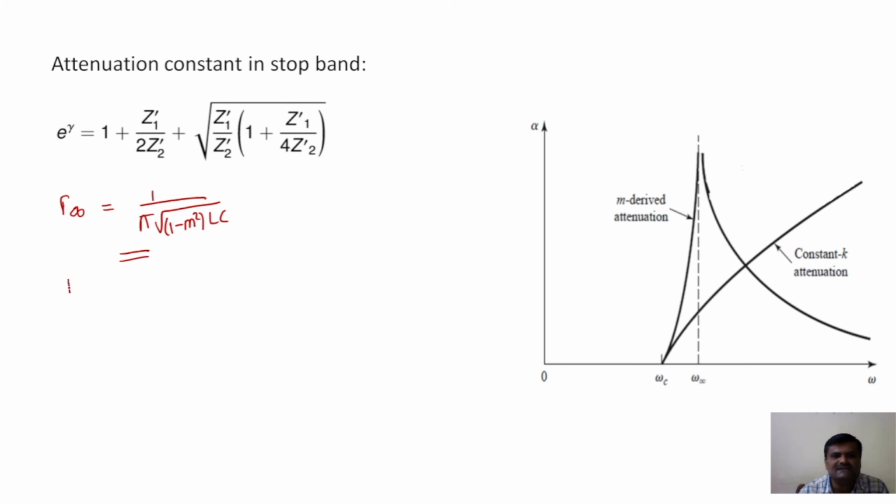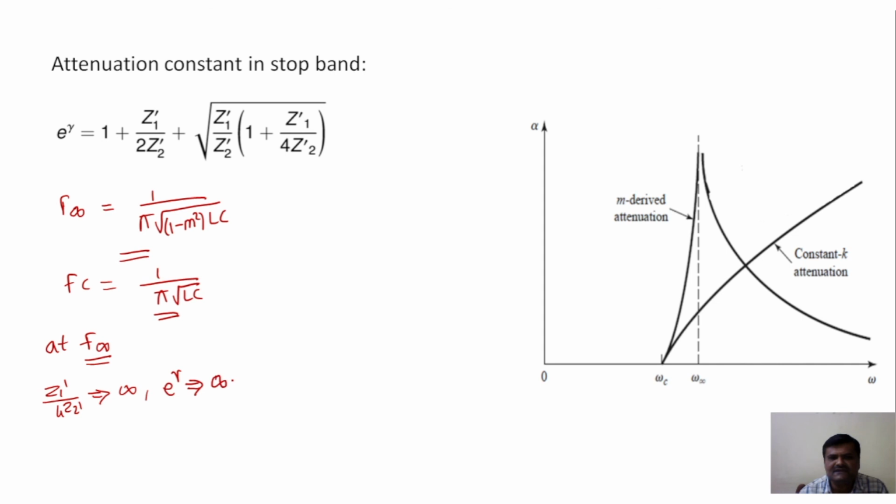And what is the fc? fc equals 1 upon pi root LC. So what happens at f infinity? At f infinity, z1 dash divided by 4 z2 dash becomes infinity, same concept. Then e raised to gamma becomes infinity, then alpha becomes infinity.